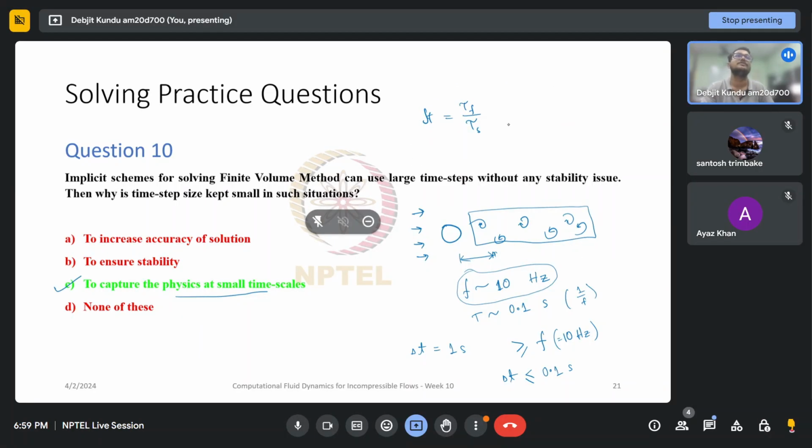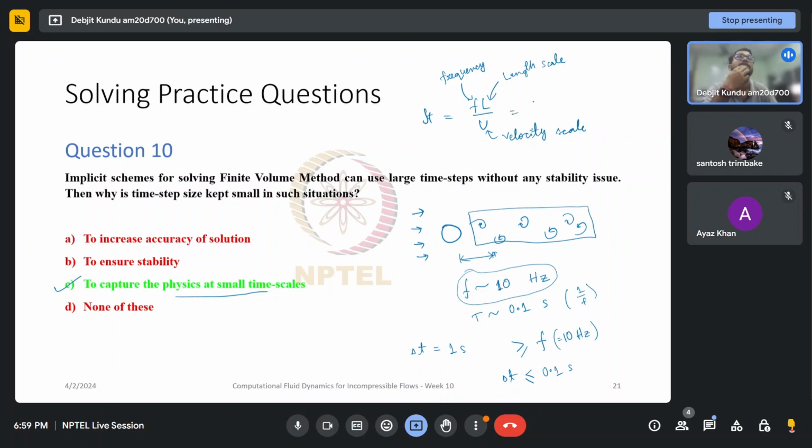So the Strouhal number is basically FL by U in this case, or any other case also. L here is the length scale of whatever problem you're dealing with, U is the velocity scale, and F is the frequency of some periodic phenomena going on in the system.